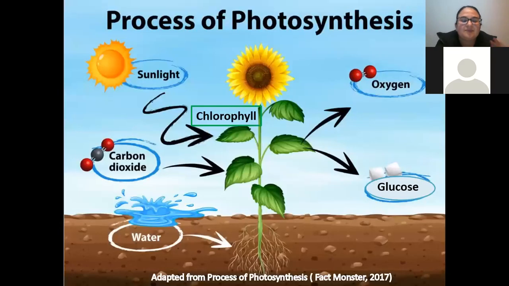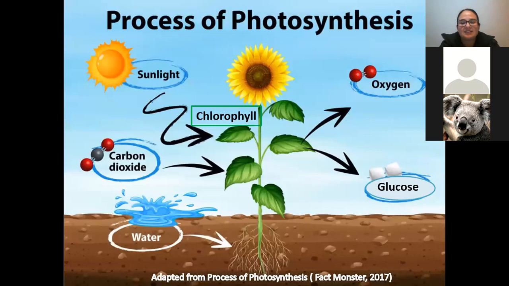Yes, thank you. Okay, so here's a nice diagram showing us the process of photosynthesis. A nice way to summarize photosynthesis is in your workbook, you'd write the heading photosynthesis and then draw a nice green leaf, and on top of the leaf, write the term chlorophyll. So you see there is the word chlorophyll.